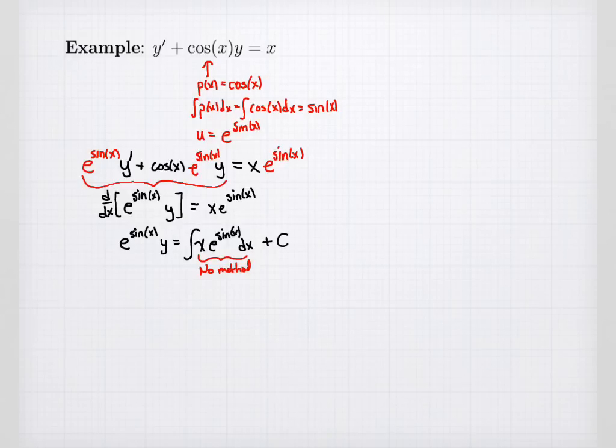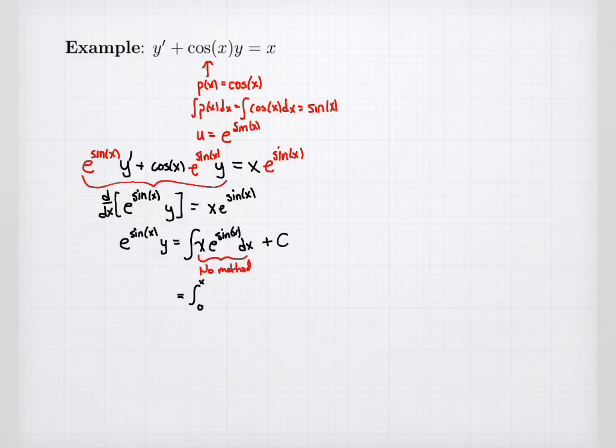I can write this antiderivative as an integral. I can write this as a definite integral from some starting point. I'm going to choose 0, but you could choose any convenient number.